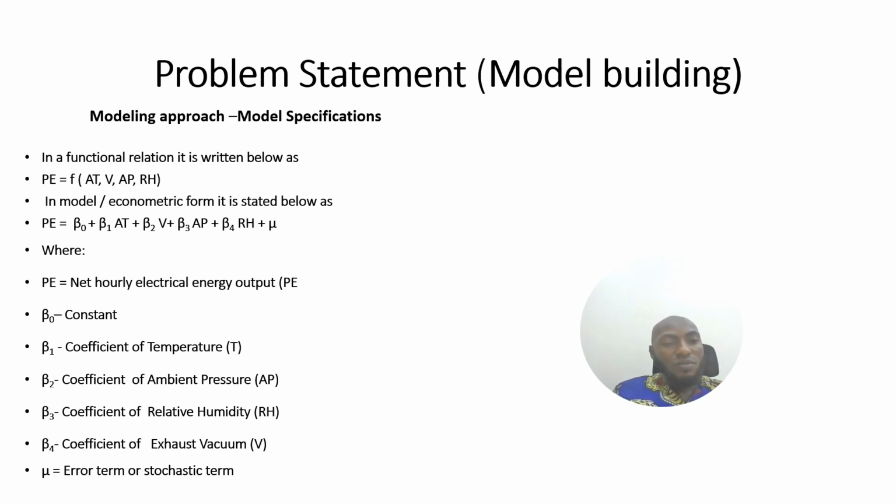In a model form or econometric form, it is stated as PE equals beta naught plus beta 1 AT plus beta 2 V plus beta 3 AP plus beta 4 RH plus U, which is the error term, where PE is the net hourly electrical energy output, beta naught is the constant, and beta 1 to beta 4 are the parameters of the respective variables which we intend to model.